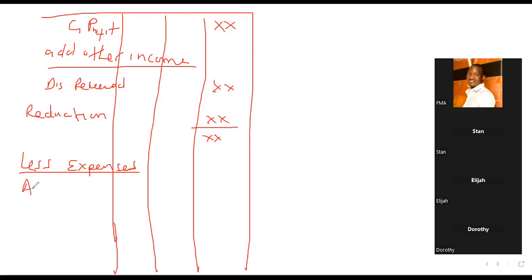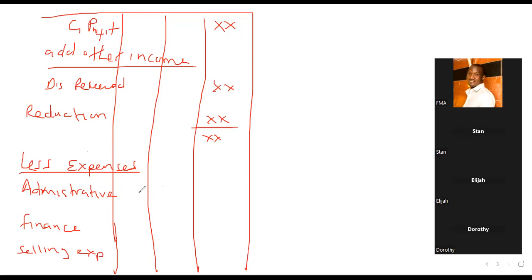They are categorized into three main types: the administrative expenses, which include salaries and wages; financial expenses; and selling and distribution expenses.